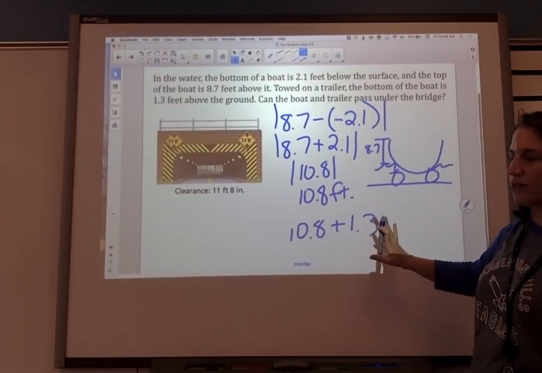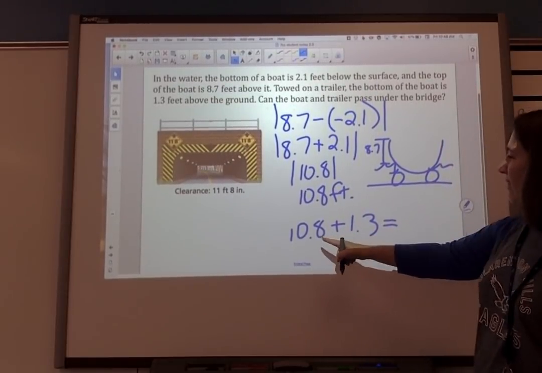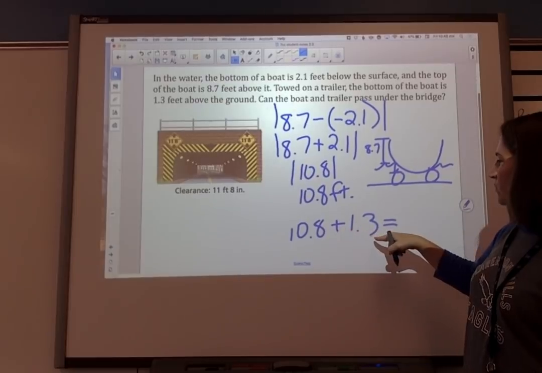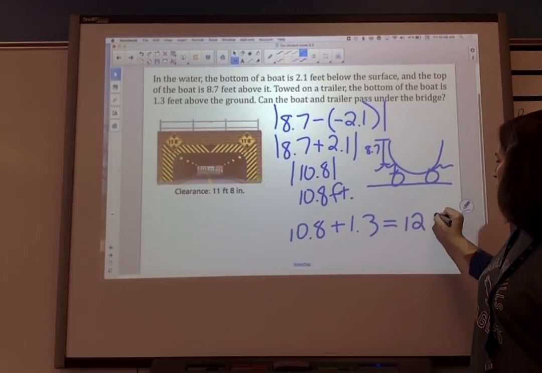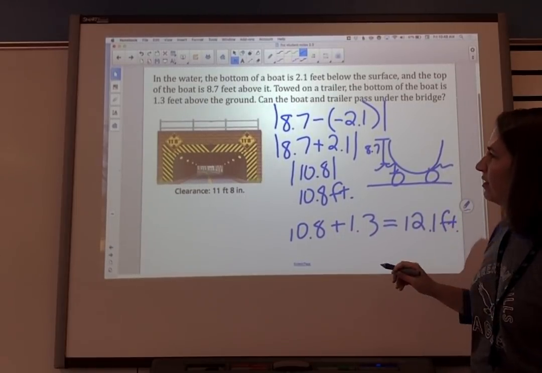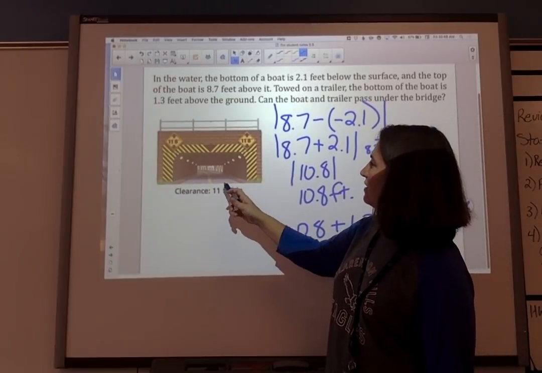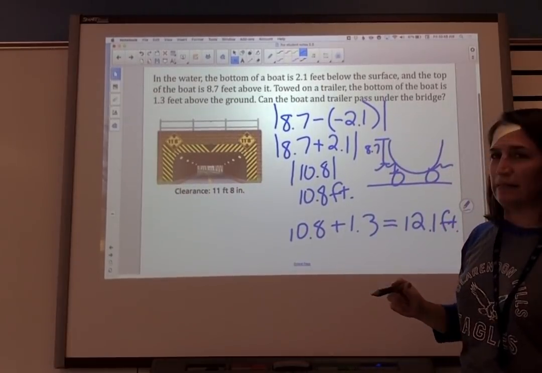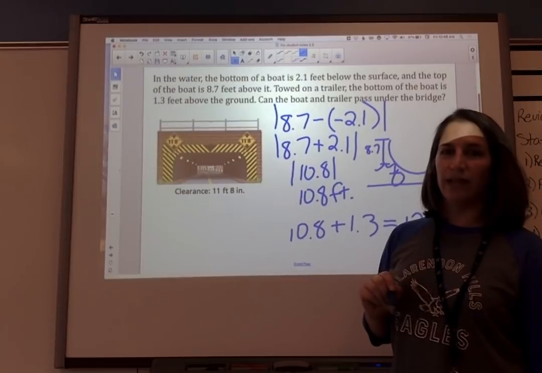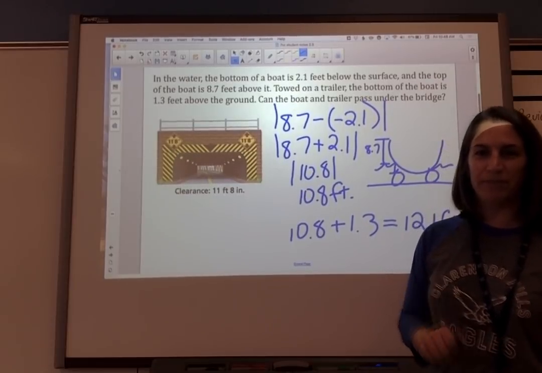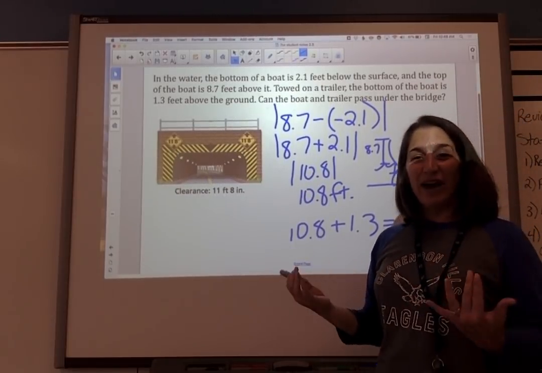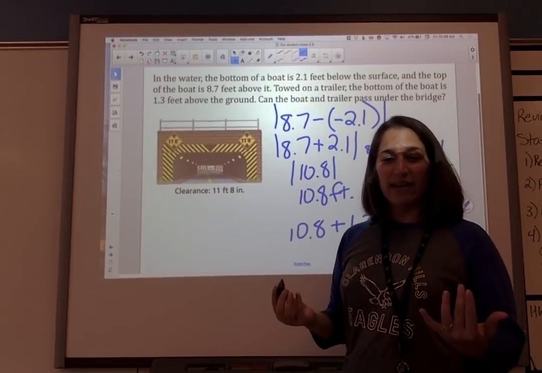Sorry, I'm getting a little jiggly here. And that would be 11 plus 1.1, that's 12.1 feet. So here this says the clearance is 11.8 feet. So no, I probably should not go under that bridge with that boat. All right, go ahead and try a few on your own, and I will see you soon.